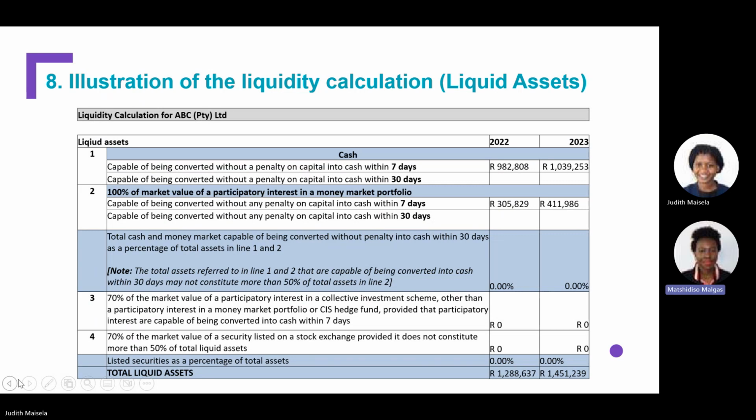And also the market value of securities listed on a stock exchange, provided it does not constitute more than 50% of total liquid assets. All of those are added together to give us the total amount of the FSP's liquid assets.